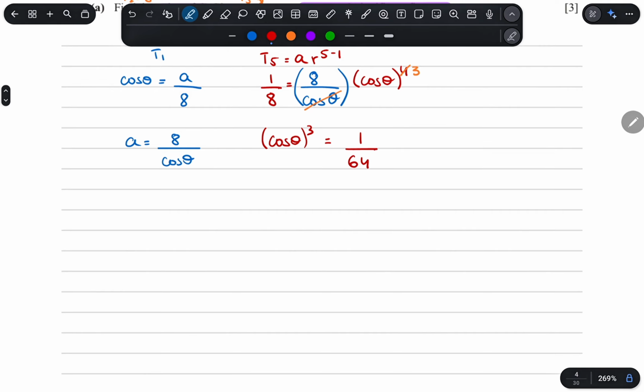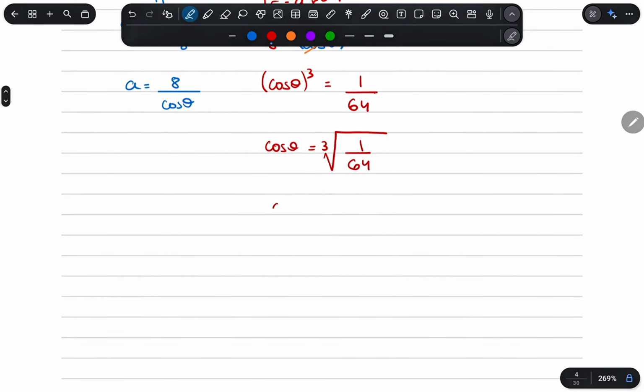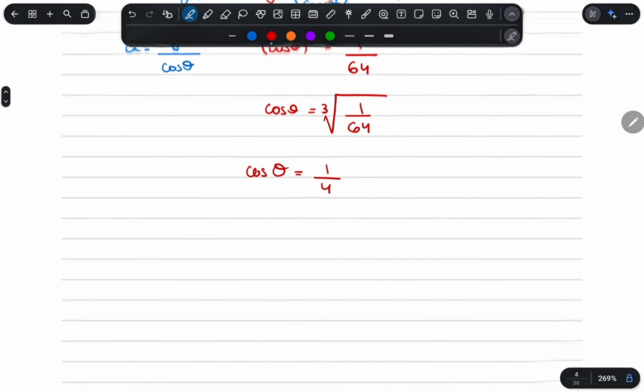The cube can go to the other side to become the cube root, so cos theta equals the cube root of 1 upon 64. Simplifying this, cos theta equals 1 upon 4, because 4 times 16 is 64.